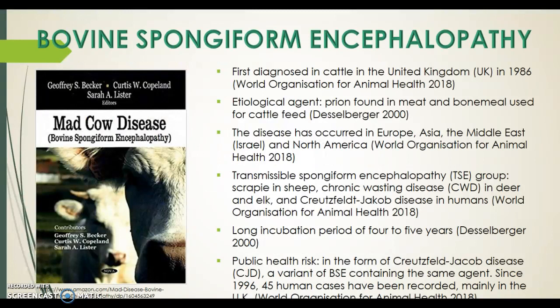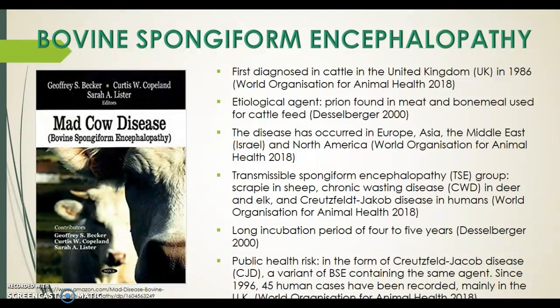Bovine spongiform encephalopathy. It was first diagnosed in cattle in the United Kingdom in 1986. The etiological agent is a prion found in meat and bone meal used for cattle feed. The disease has so far occurred in Europe, Asia, the Middle East, and North America.